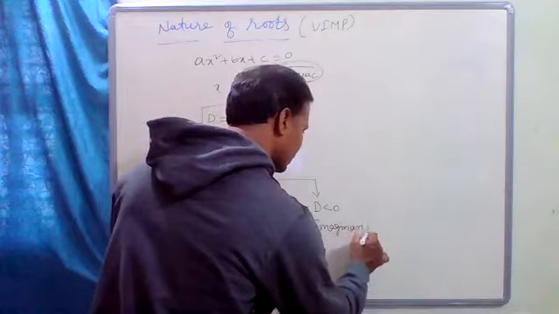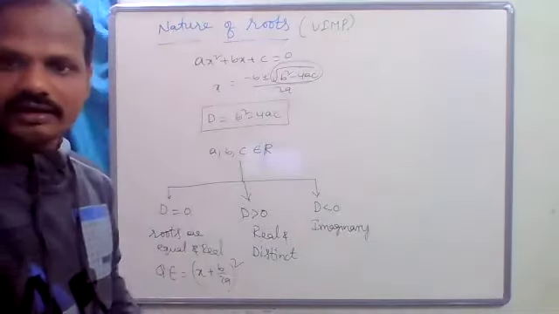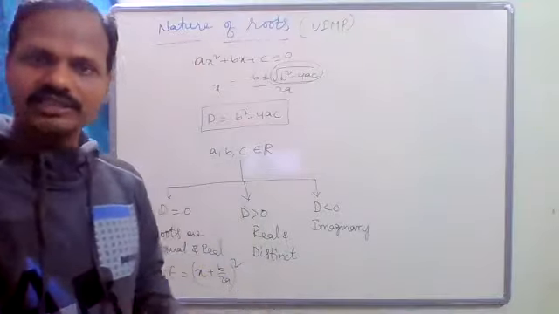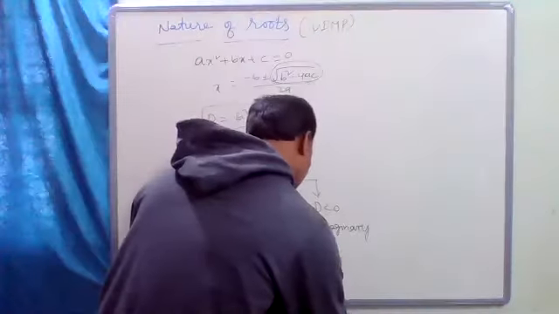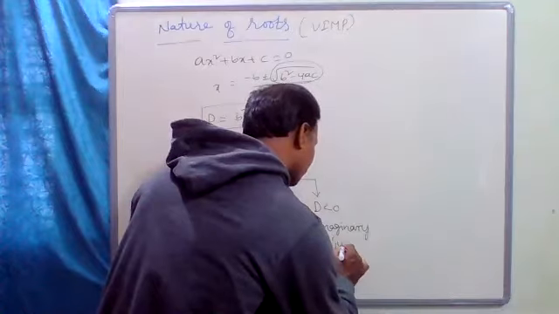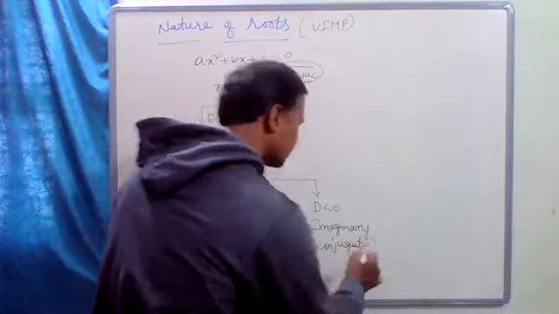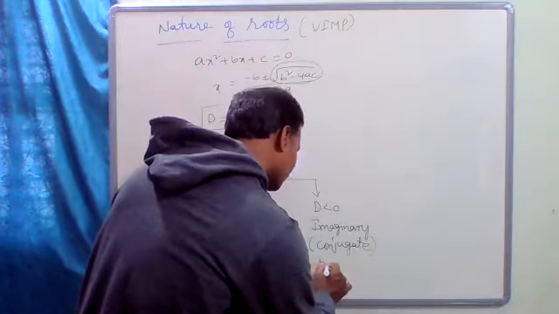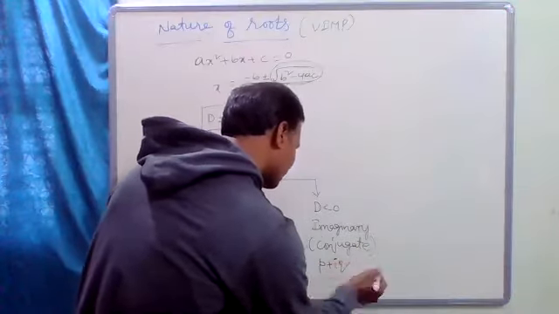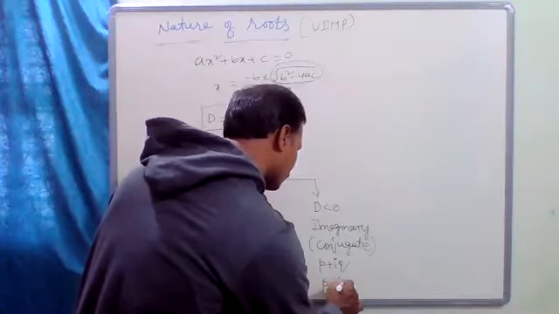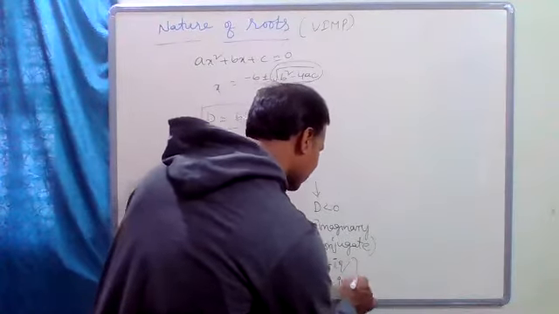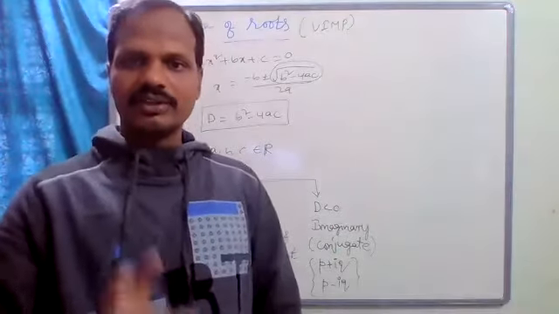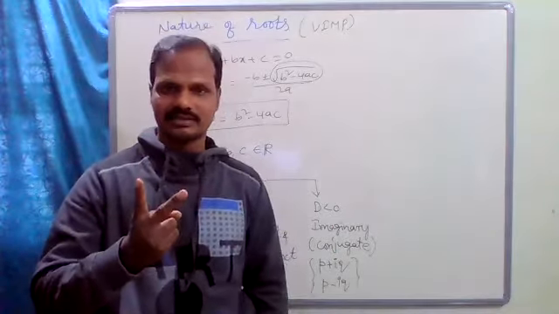Imaginary roots. And one more thing is they are conjugate pairs, conjugate to each other. What is the meaning of conjugate? If one root is p plus iq, then the other root is p minus iq. When imaginary roots are formed, they always form in pairs.